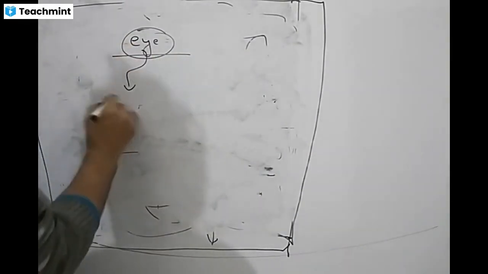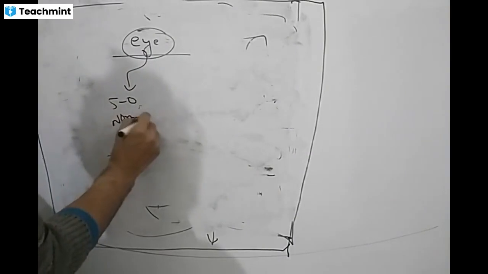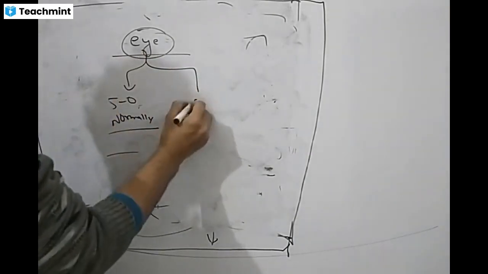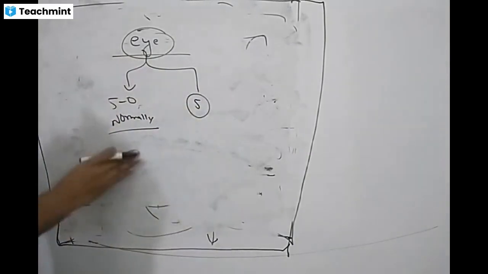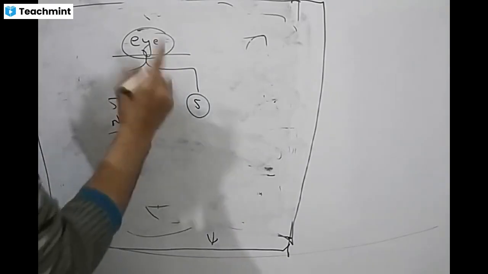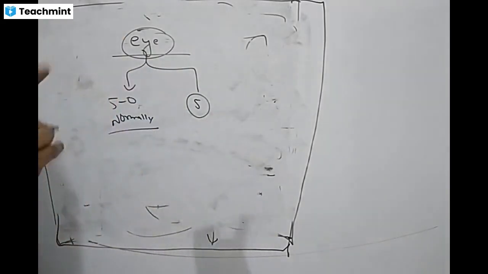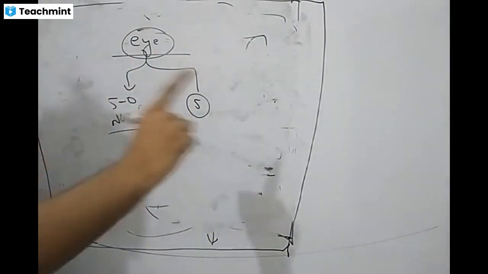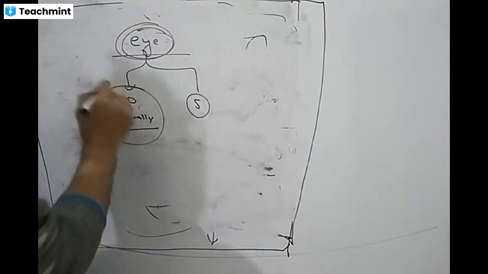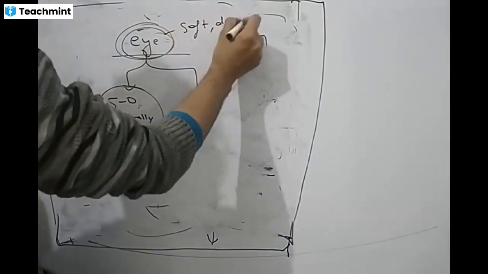In that, normally we use 5-0 suture material. But if you use number 5, there is a mismatch between the size and the tissue. If there is a mismatch between the size and the tissue, then what will happen? The eye is normally a soft and delicate structure.